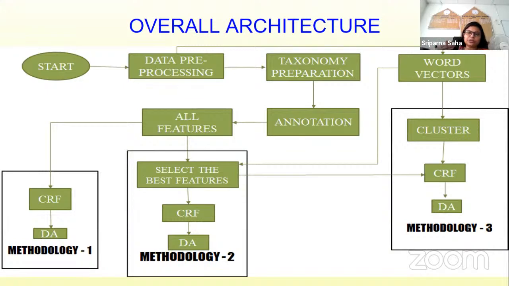By using these techniques, we can select a subset of features, and then we can also add the word vectors. Here we have generated the vector representations of the words. Those word vectors are added, and then we are passing them through the conditional random field. So CRF is the classifier, and we are predicting the dialogue act. So this is methodology 2.